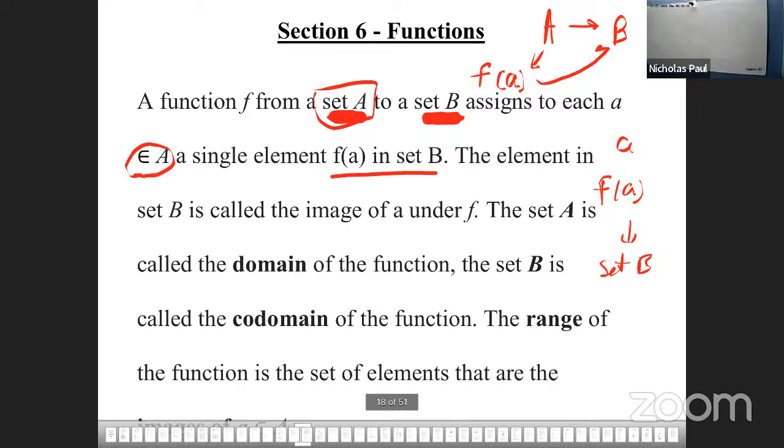I think that's a little much jargon, but all this is saying is that anytime you find f of a, that value will belong to the set B.